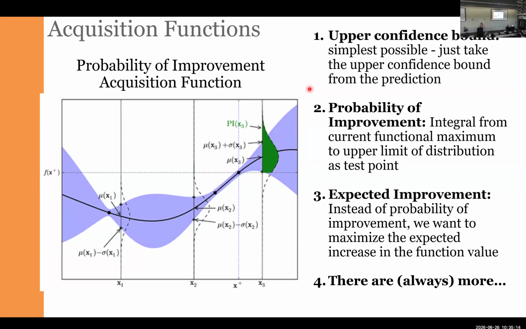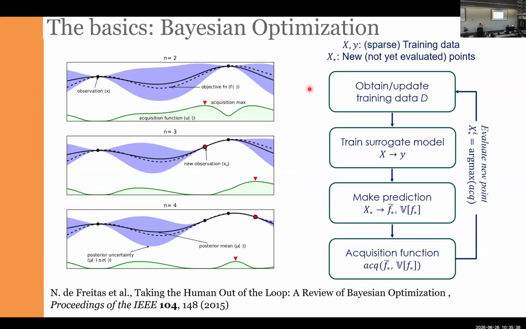There are multiple ways you can create an acquisition function for novelty exploration, things called knowledge gradients, and so on and so forth. So if you start working with this type of methods, it's worth exploring what the acquisition functions can be. But in general, all of them balance prediction and uncertainty in some way.